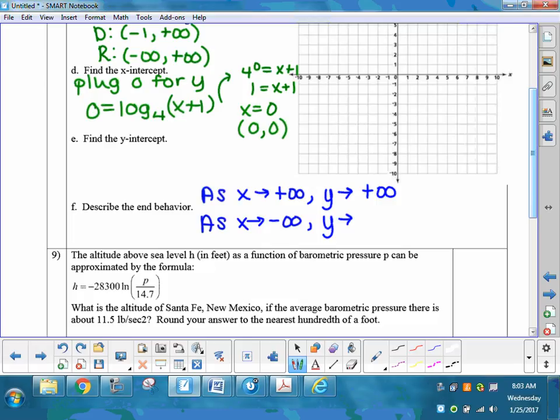Not -1. Nope. As x goes out to negative infinity, you're saying y does too.